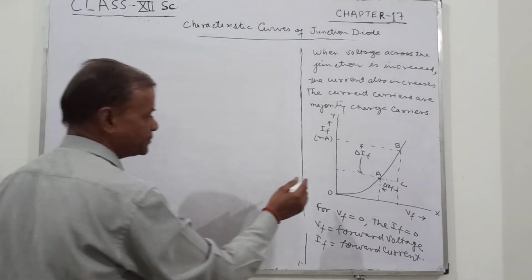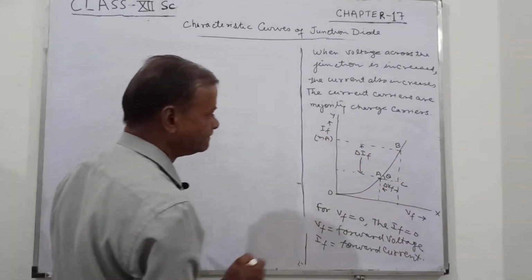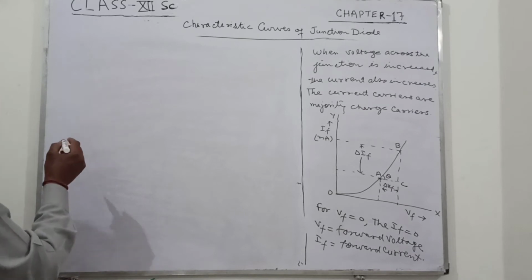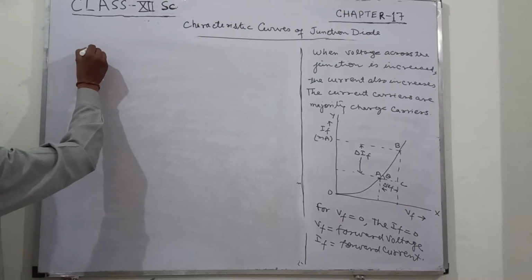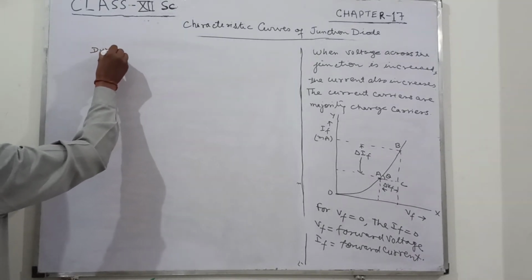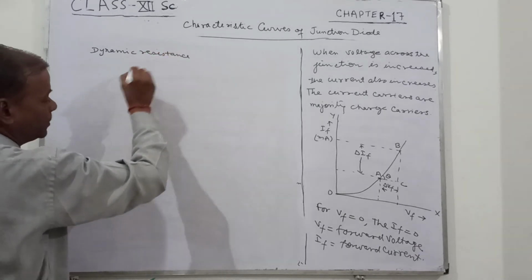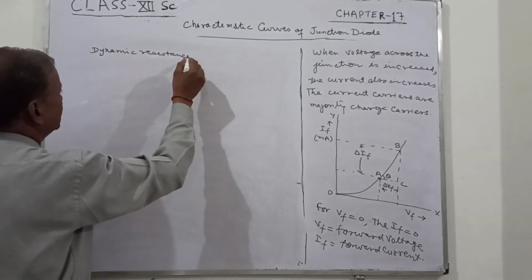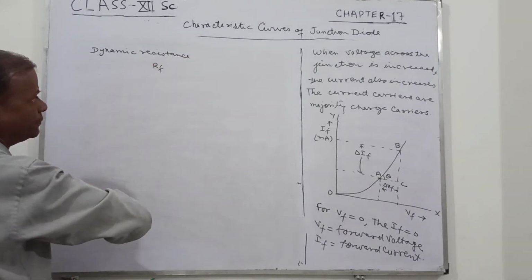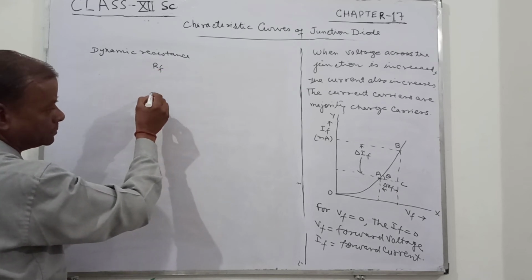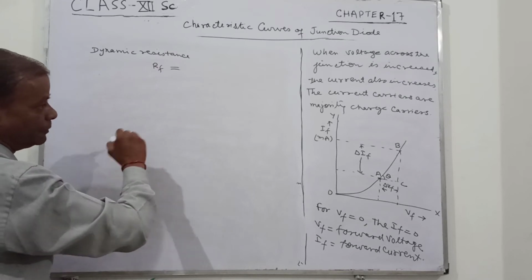Suppose we take the angle theta. The dynamic resistance we denote by Rf in forward bias.